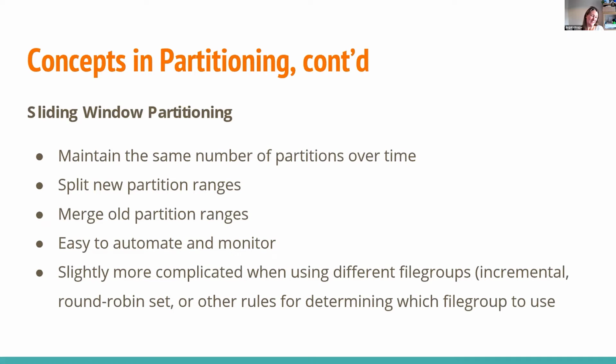When we're using a more complex partitioning strategy like different file groups, that can obviously add complexity to maintaining that sliding window using automation. It doesn't make it impossible. It just requires a little extra coding, a little extra thought. If you're using an incremental file group 1, 2, 3, 4, 5, and into infinity, or more commonly a round robin file group.